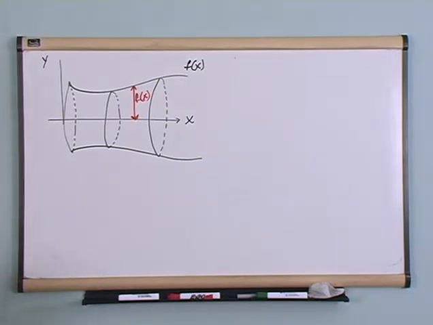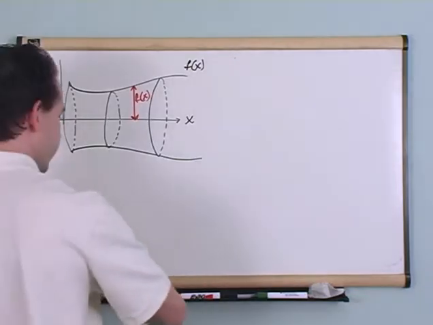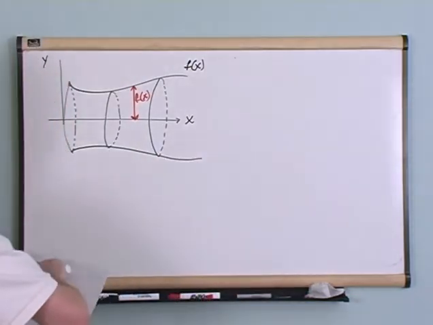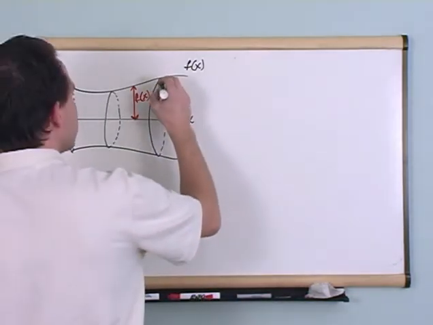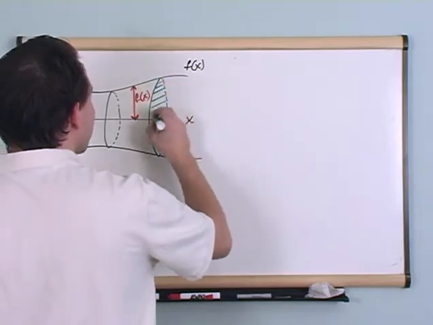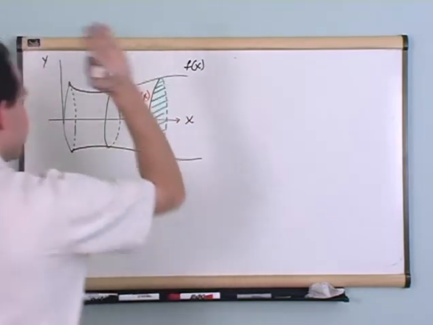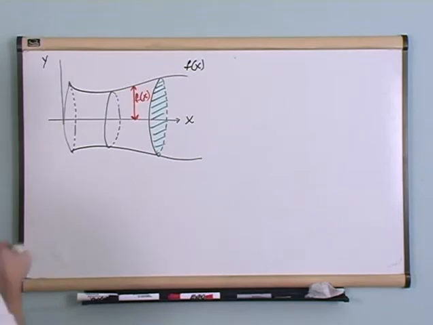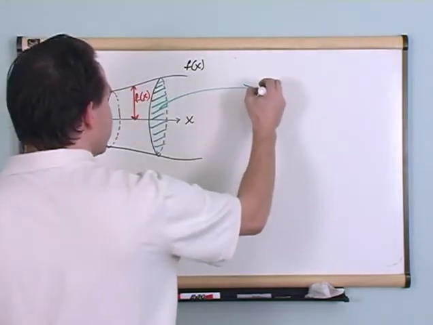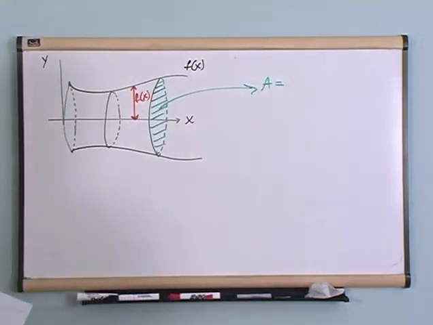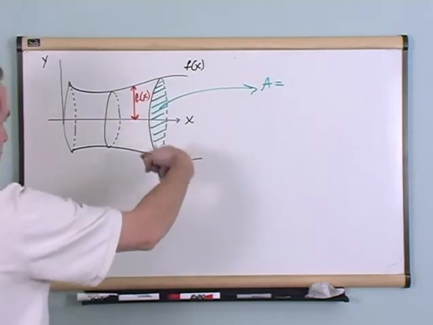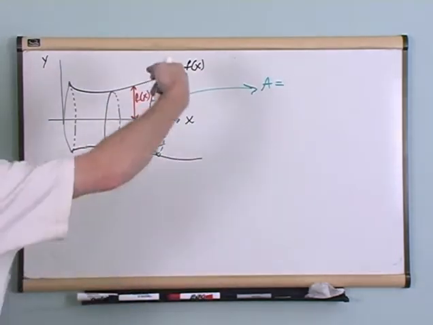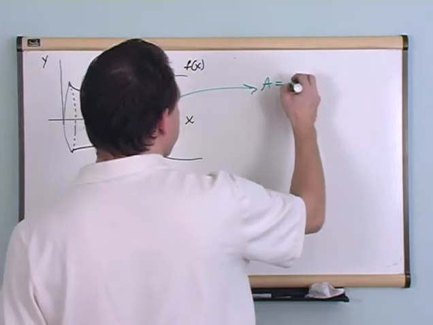If I were to look at the area, forget about volume for a second, of this little slice, let's say I slice it right here, what's the area going to equal? Well, in general, this is a circle, because you've rotated it around in a circle. The area of a circle is just pi r squared.